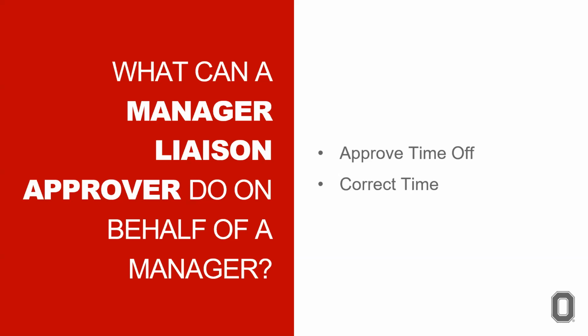The reason it's less common for someone to be an approver is because in order to be a manager liaison approver and to have that security role, it has to be documented in the college or VP unit's signature authority, otherwise known as approval authority. Individuals with this role need to be in a position to escalate and question if submissions appear inappropriate.